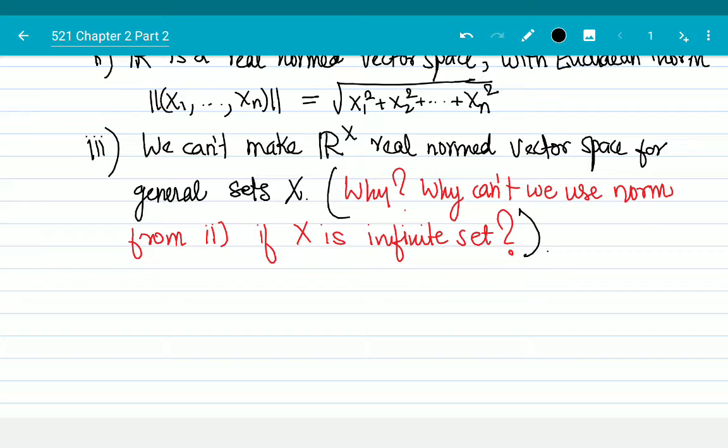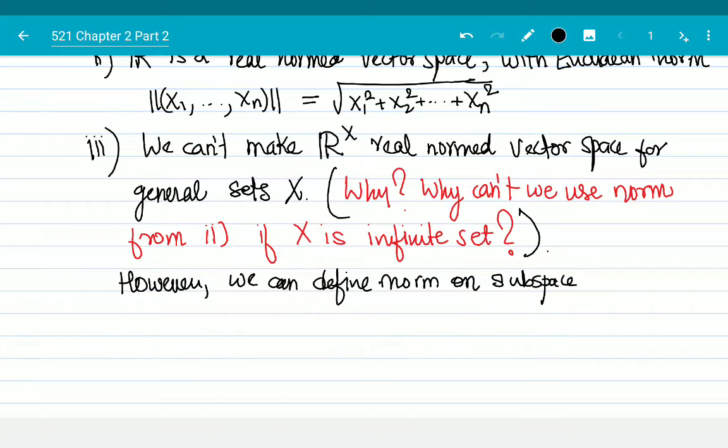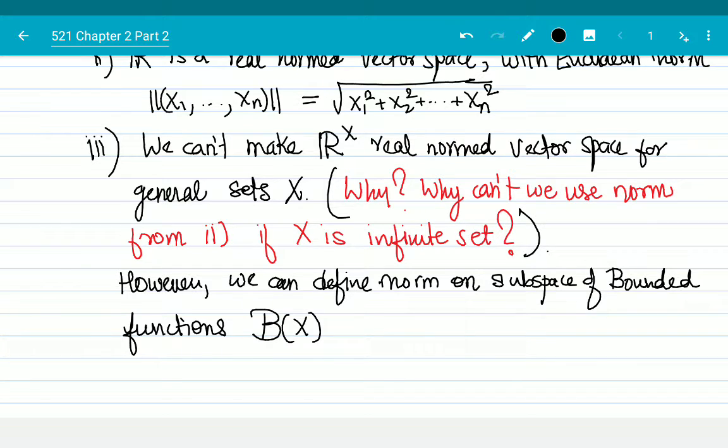Okay? However, we can define a norm on the subspace of bounded functions, which we will generally denote B(X).